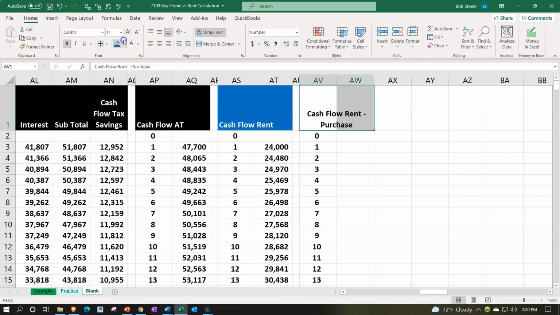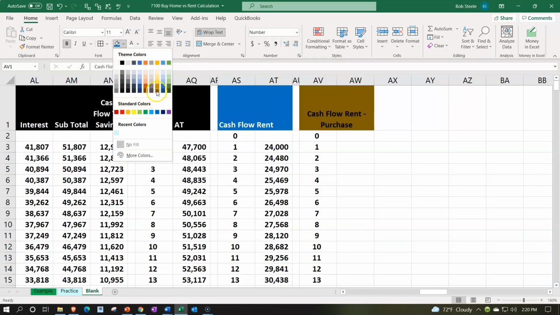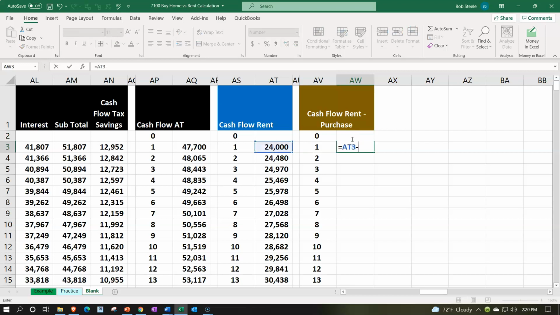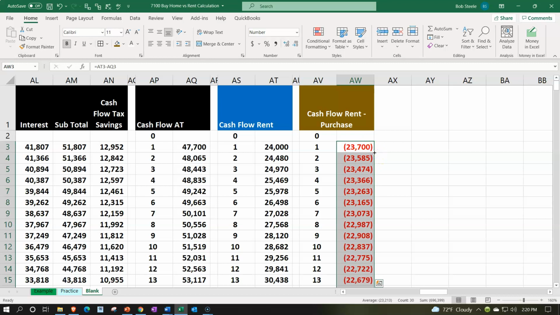Let's make this a different color. Let's make this like this dark brown, and I'll make the letters white. And so this is going to be the difference between the two. So I'm going to take the renting minus the purchase cash flow. And so the difference is 23.7, copying that down. So we could see this as a difference in the cash flows.